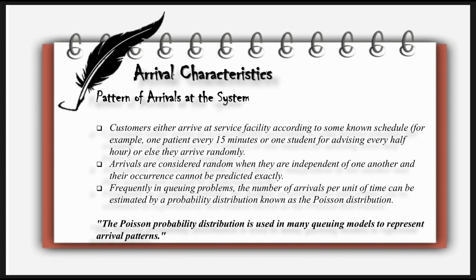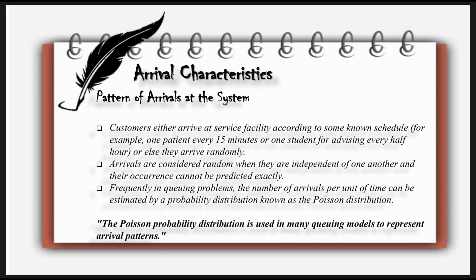So, now, let's proceed sa ating pangalawang characteristic, which is under pa rin sa arrival characteristics. Ito ay pattern of arrivals at the system. Customers either arrive at the service facility according to some known schedule, or else they arrive randomly. So, for example, one patient every 15 minutes or one student for advising every half hour.